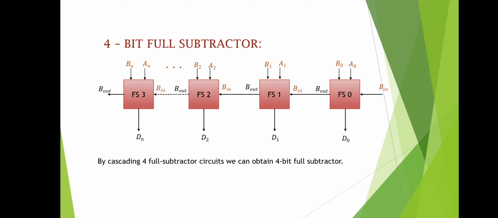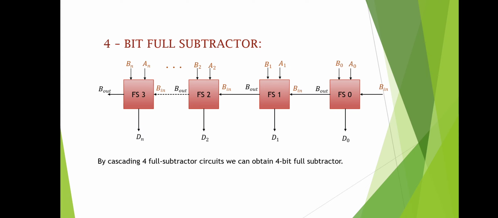As you can see here, the 4 subtractors are connected in parallel, and the output borrow from one subtractor is given as an input to the next subtractor. This circuit performs A minus B, where both A and B are 4-bit numbers.